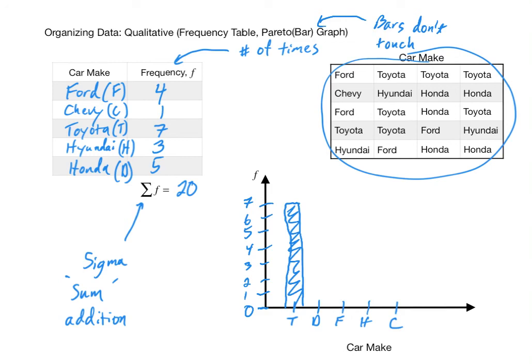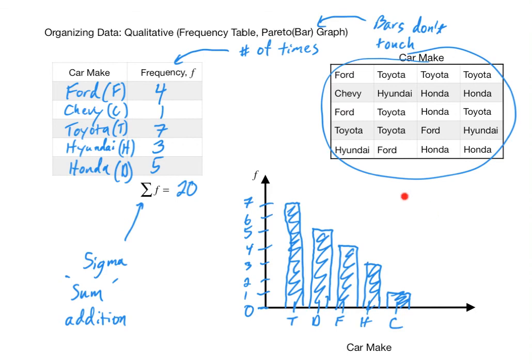The Honda bar should be of a height 5. The Ford bar should be of height 4. The Hyundai bar should be of height 3. And the Chevy bar should be of height 1.